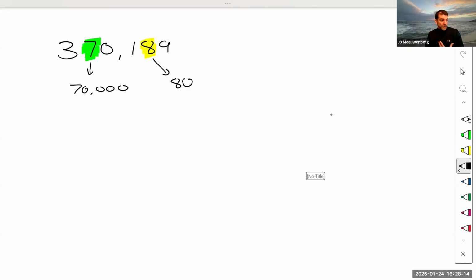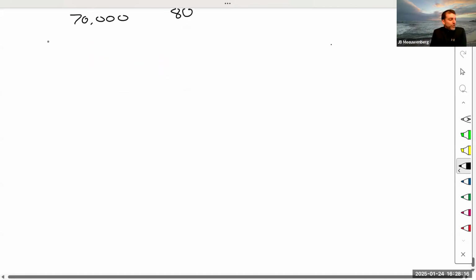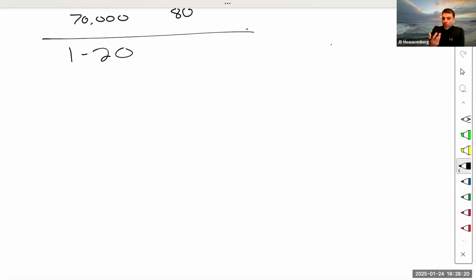In English, right, our language, the numbers from 1 to 20 are all single words, right? Think through them. 1, 2, 3, 4, 5, 6, 7, 8, 9, 10, 11, 12, 13, 14, 15, 16, 17, 18, 19, 20. Right? So we've got 20 different words for those first 20 numbers.